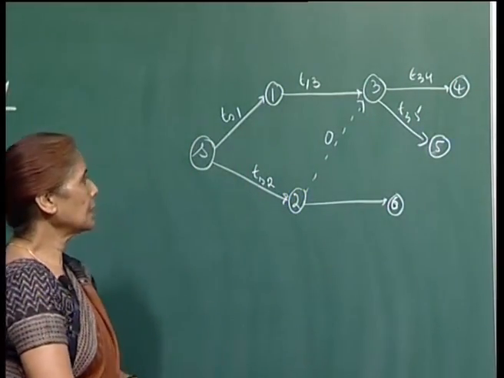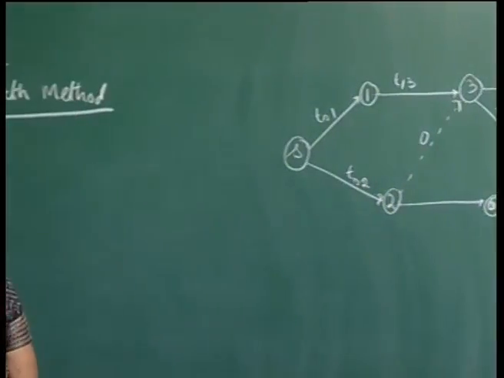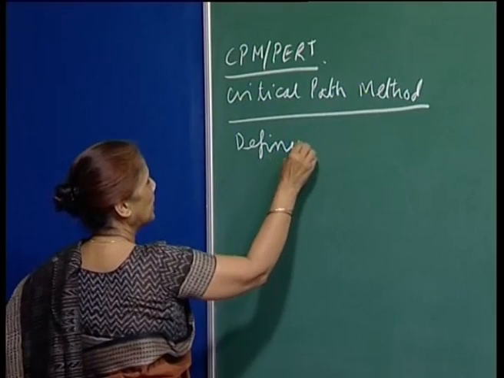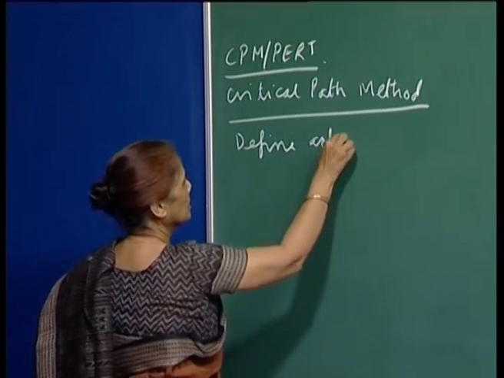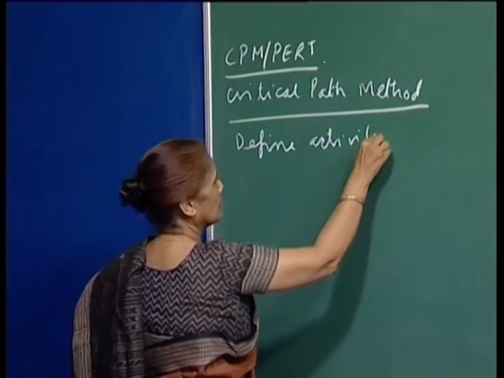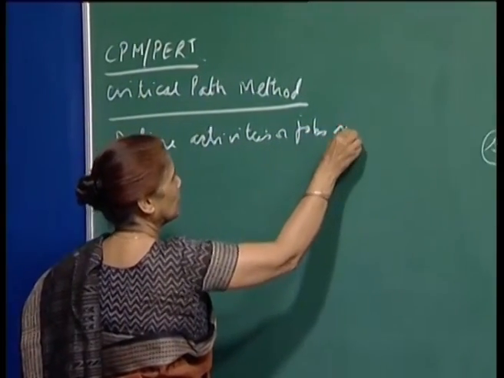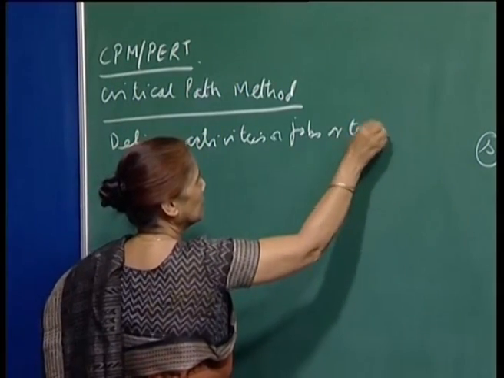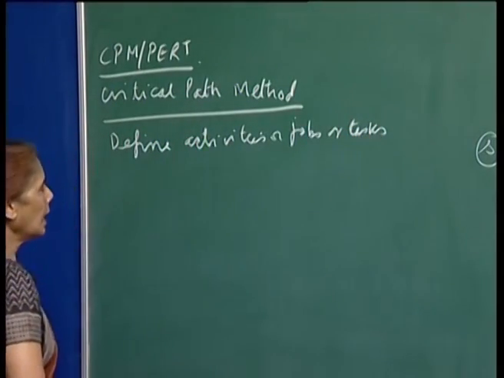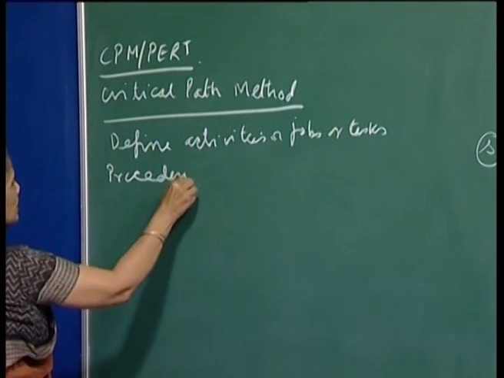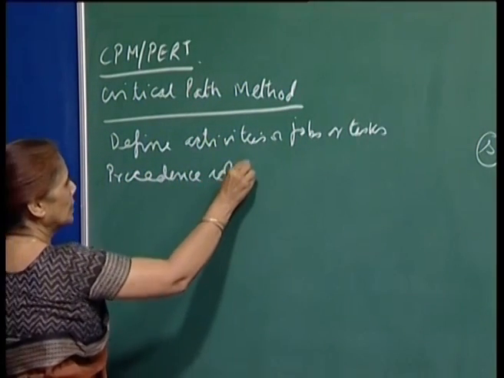But obviously, what are the things that you define? You have to define your activities or jobs or tasks, whatever name you want to give to them. You have to first define these, and then you have to have some sort of precedence relations among the jobs.